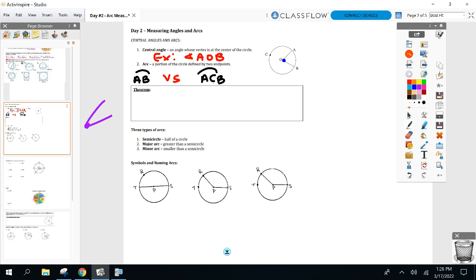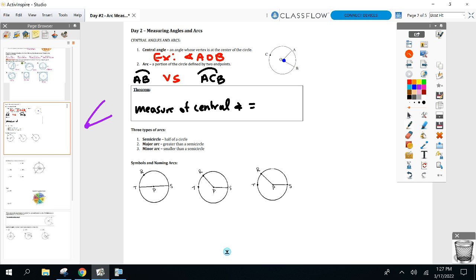Okay. First theorem of the unit. First theorem, first fact. This will go in your proofs eventually whenever we get to them next week. The measure of a central angle. How many degrees in a circle? Anybody know that fact? 360.